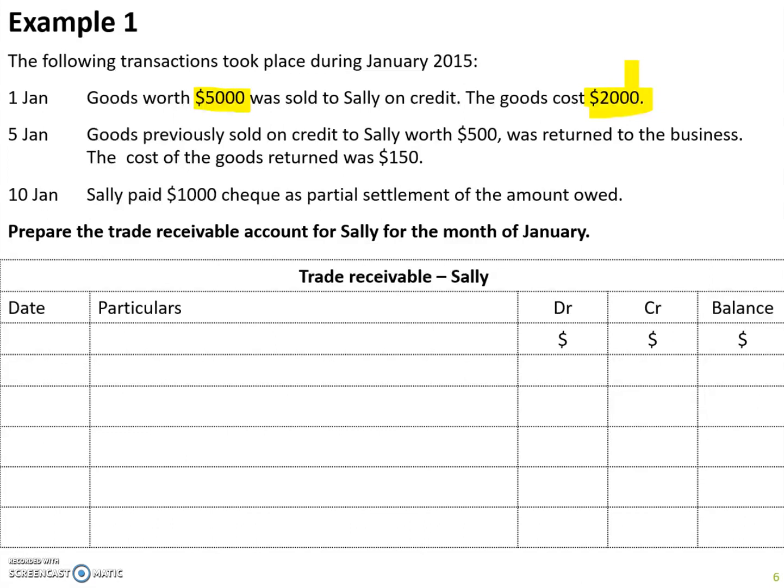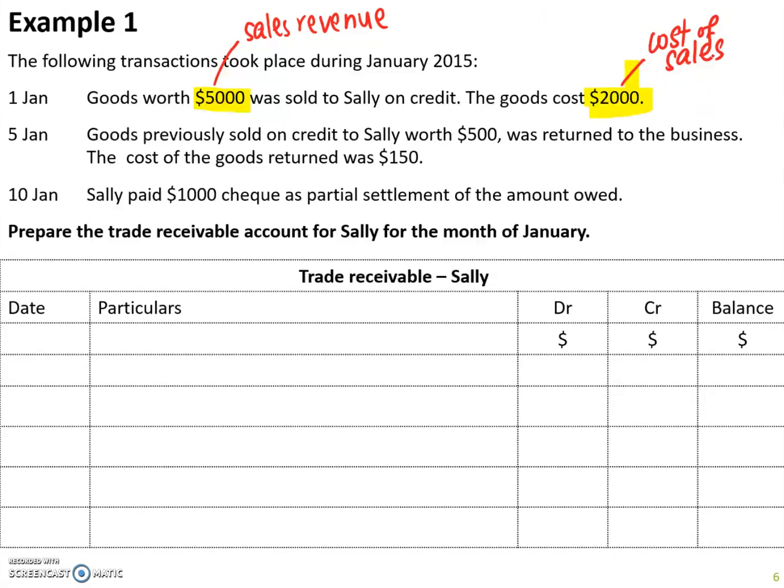We know that $5,000, okay, this is actually my sales revenue. The business earns $5,000 from selling the goods. Okay, but my cost of sales is $2,000.